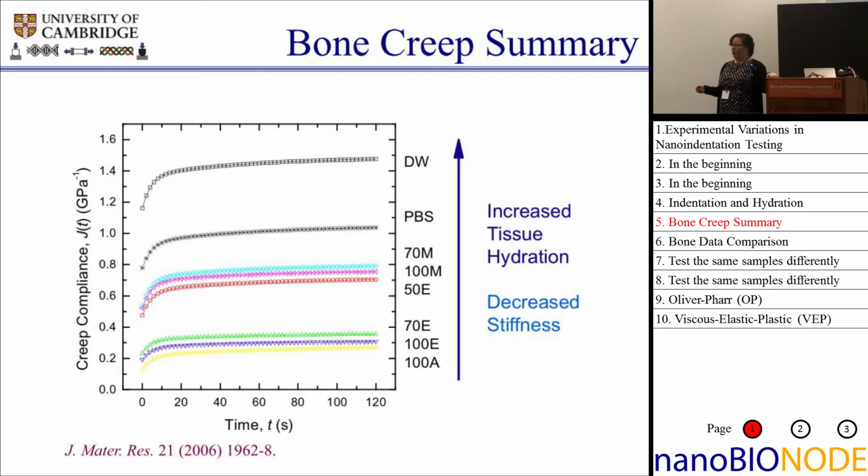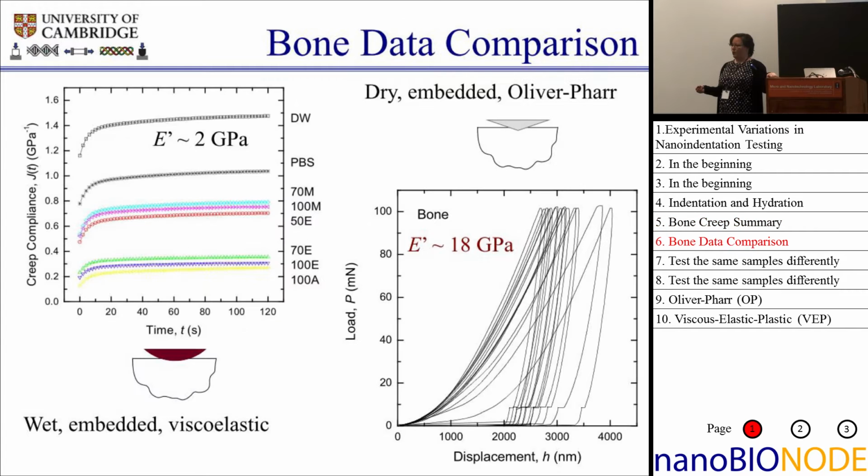So this is a pretty dramatic effect for a material that is not nearly as time-dependent as something like cartilage that's 80% water. And when we started looking at the numbers that we got out of this, we were seeing that the effective modulus was somewhere around 2 gigapascals for these fully hydrated materials tested in water or in physiological saline, when we did wet testing of our materials using a spherical probe and a viscoelastic model to analyze the data.